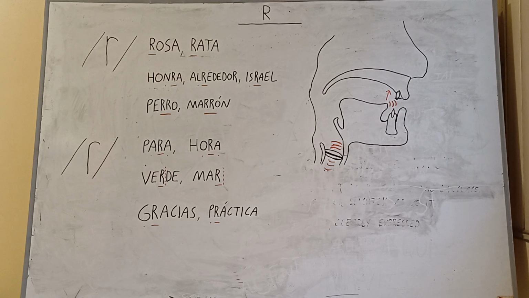When the R is at the end of a syllable, we will pronounce the tapped R and not the trill. So, for example, in the second row, verde, verde.